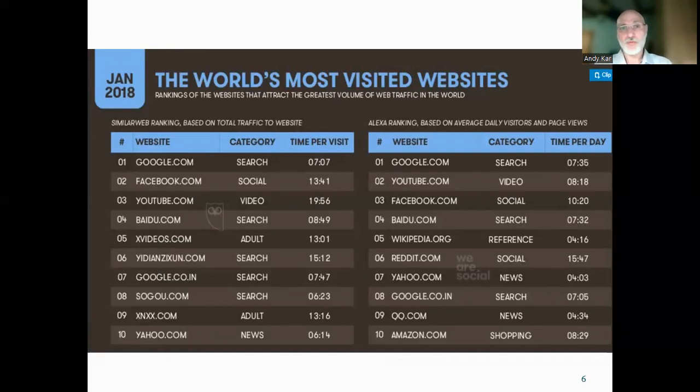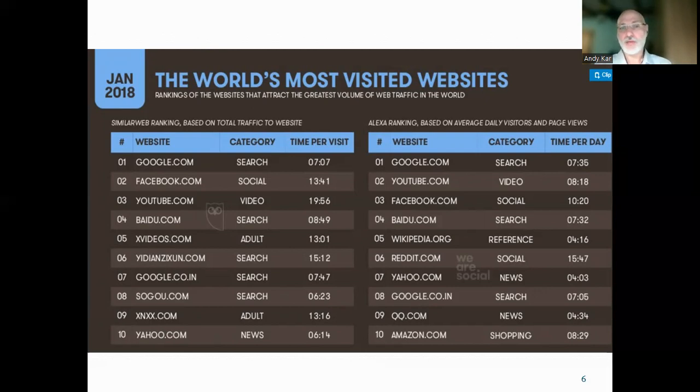Also, you can see from where their visitors come, for example, via social media or via Google searching, etc. So in the left column, we have the SimilarWeb ranking, which gives us Google as the #1 in terms of most people visited.